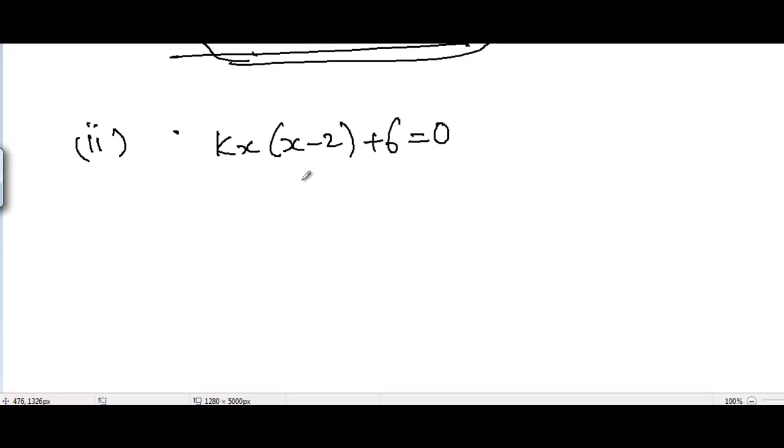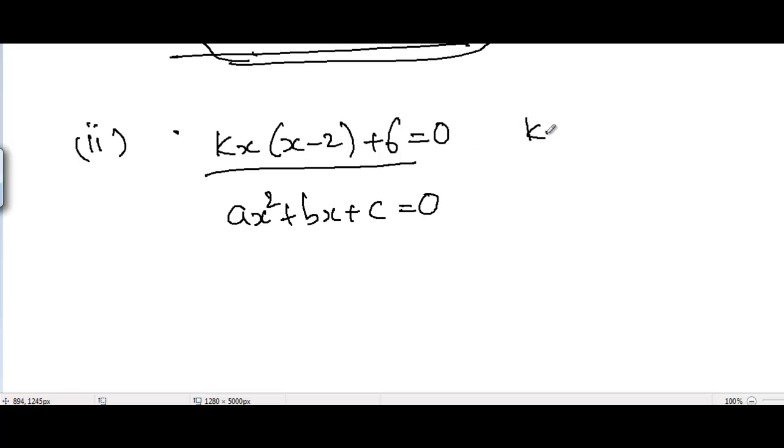To find the discriminant, we compare the equation with the general quadratic equation, but we need to modify this equation first. We can write it as kx squared, because multiplying kx with x gives kx squared, and minus 2 times kx gives minus 2kx, plus 6 equal to 0.